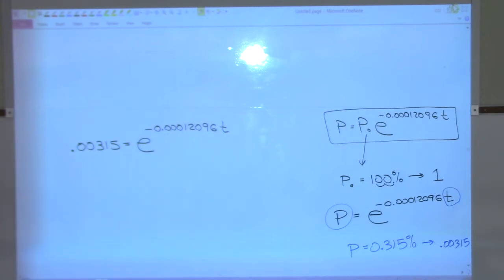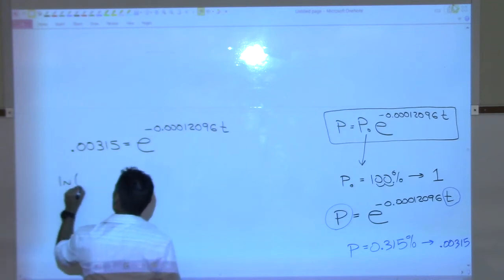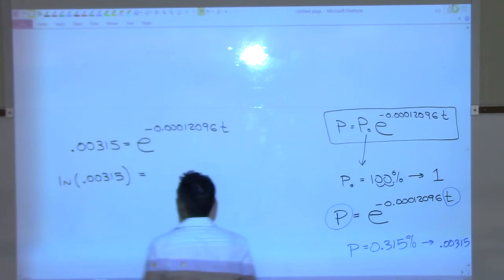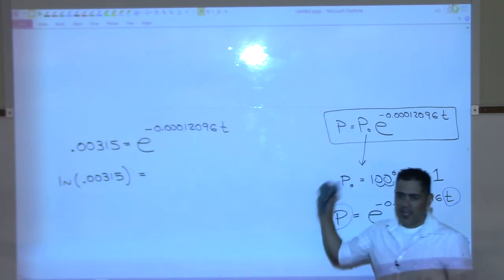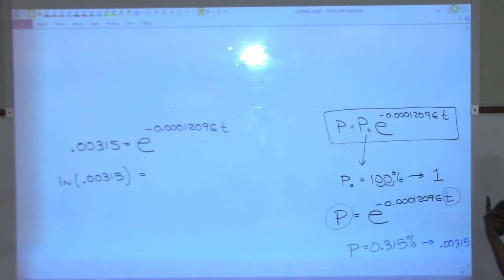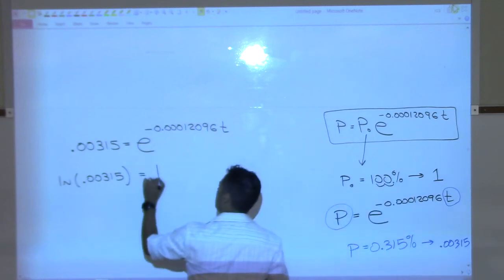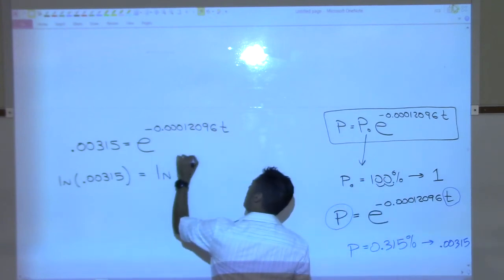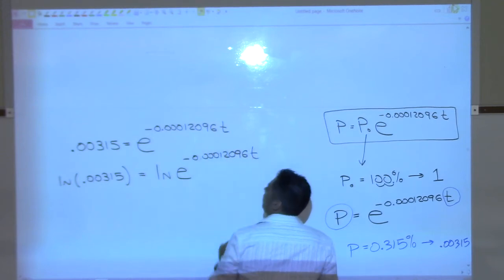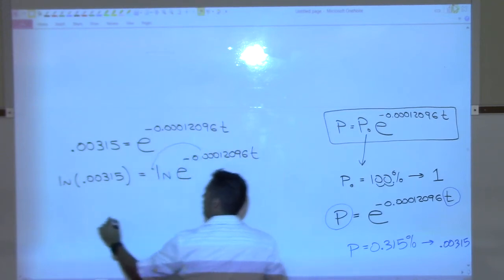So what step would be next? Log. You have to do the natural log of 0.00315 equals, now what's going to happen on the right-hand side? I take the natural log, I drop the thing out, and the natural log of e becomes 1. I'll do the natural log on this side, and the natural log of e goes away.